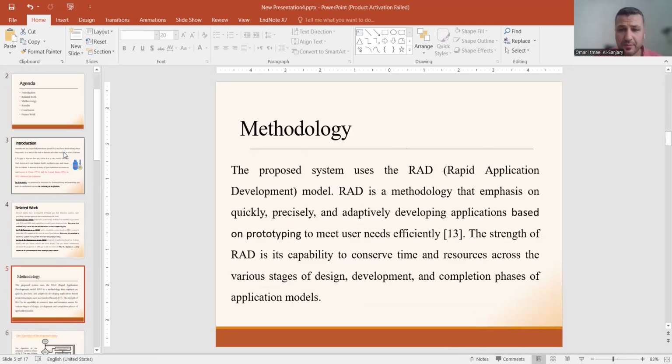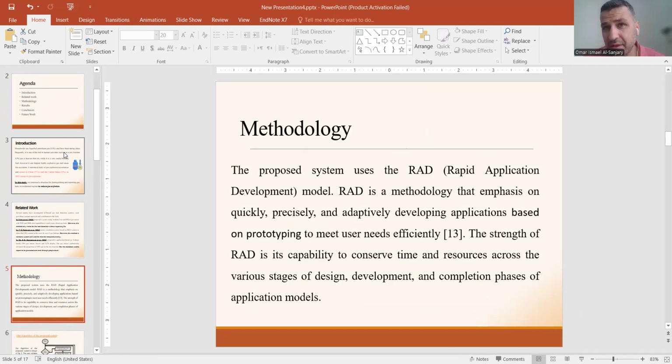For our methodology, we use RAD, a rapid application development model. This kind of model emphasizes being very quick and very responsive to our results.